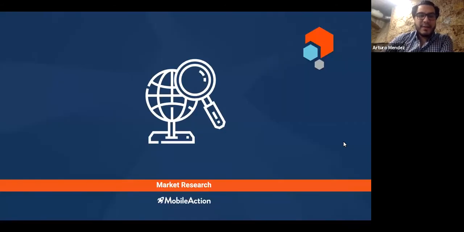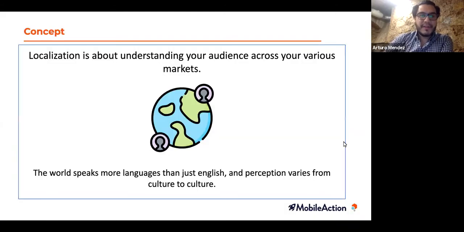And then we're going to do the market research. So the concept is, what is localization? It is basically trying to penetrate different countries by using their own languages and their own search terms, looking more appealing and closer to the users, as well as delivering a faster value proposition.